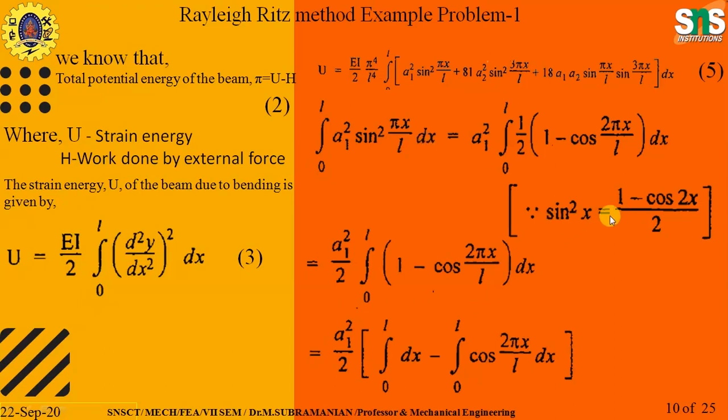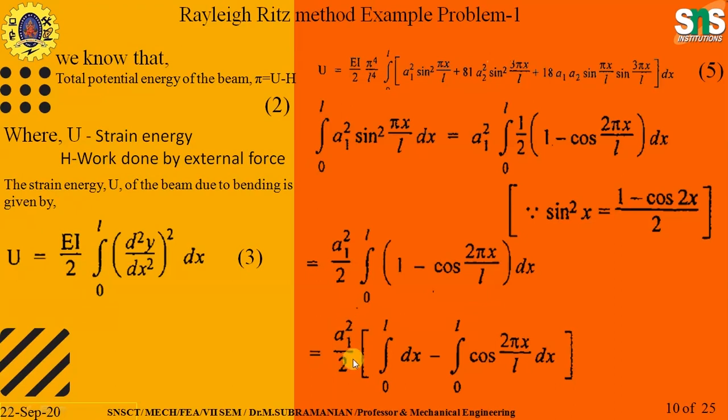So sin squared x equals (1 minus cos 2x) divided by 2. The common constant 1 by 2 I am taking outside: 1 minus cos(2 pi x divided by L) dx.